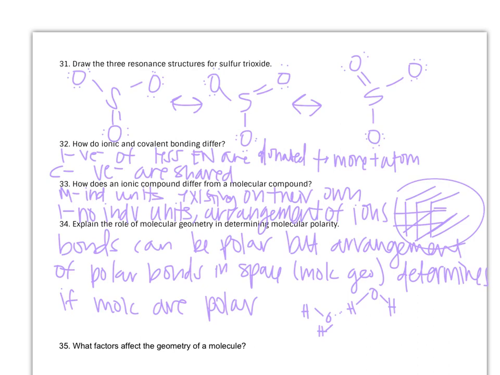So if you just had something that was linear, like diatomic nitrogen, there's no way for it to be attracted to anything else because it's literally just nitrogen and they can't all fit together, okay? But water is a perfect example of a polar molecule because the way it's bent like this allows the other poles of the molecule to be attracted to it.